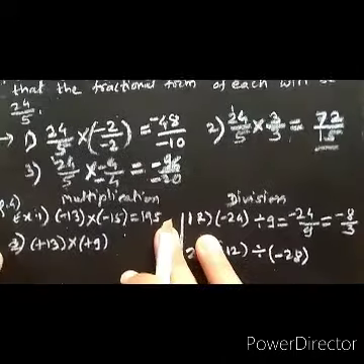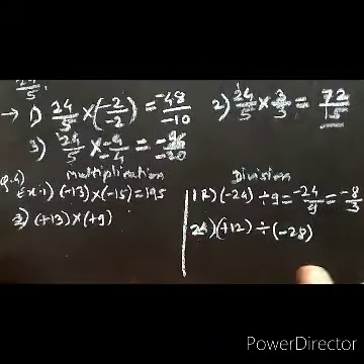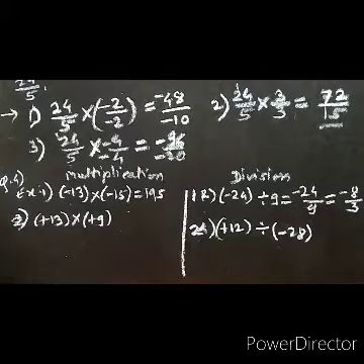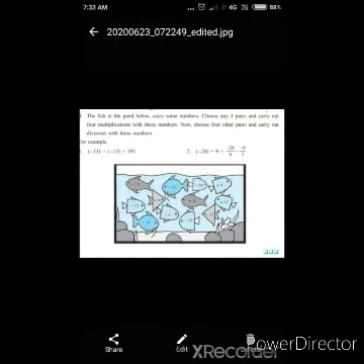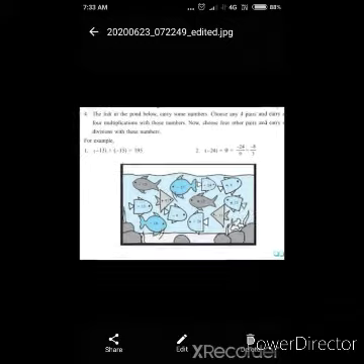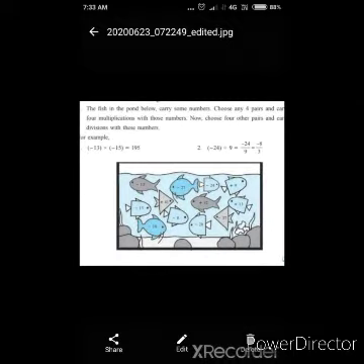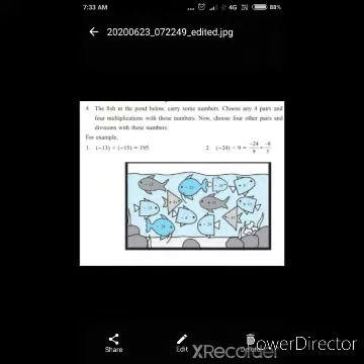Now next, let us see question number 4. The fish in the pond below carry some numbers. Choose any 4 pairs and carry out 4 multiplications with those numbers. Now choose 4 other pairs and carry out divisions with these numbers. Two examples are given. Minus 13 into minus 15, we will get plus 195.